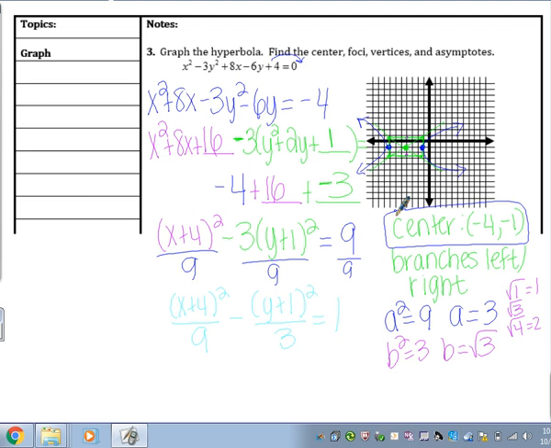We found the center, so we can find the vertices easily: -1, -1 and -7, -1. Do we agree? Yes? Okay, so that's my vertices.